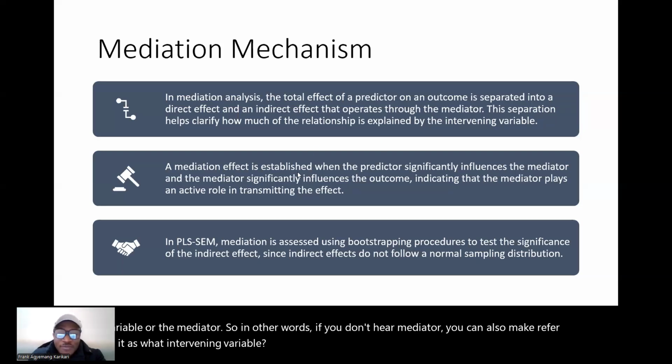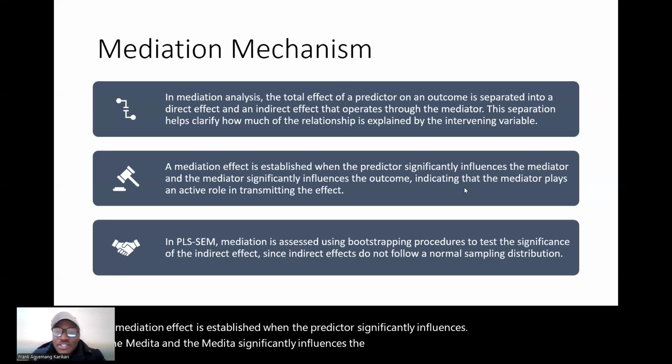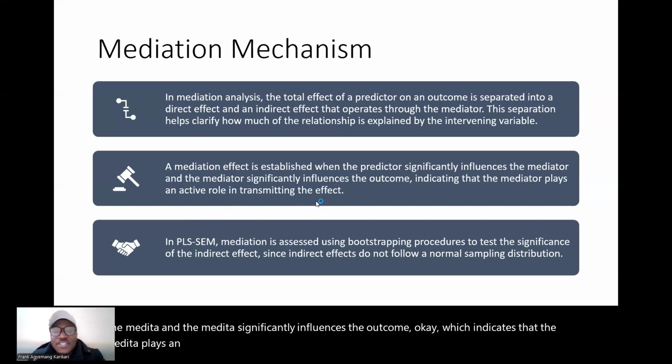A mediation effect is established when the predictor significantly influences the mediator, and the mediator significantly influences the outcome, okay, which indicates that the mediator plays an active role in transmitting the effect.